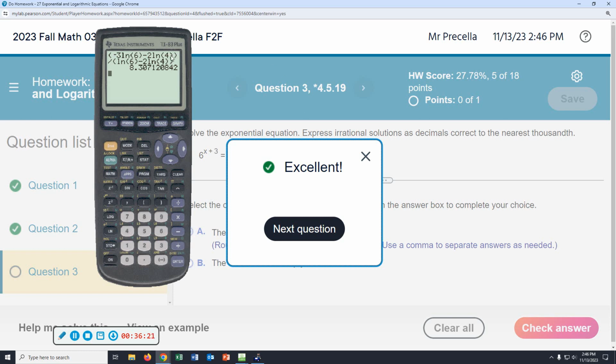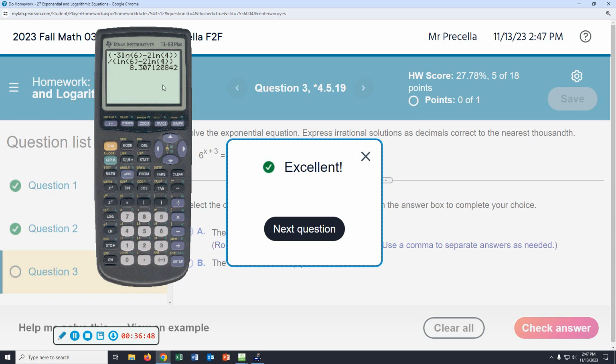But if I do parentheses and then -2, and then click LN, it'll do its own parentheses for the negative. Oh, wow. Okay. She has a Sharp calculator. It looks a lot nicer, what you're typing in, than what I have up here on this calculator.